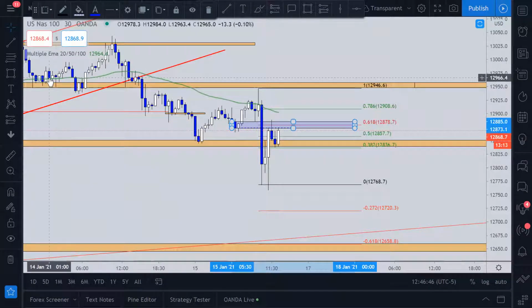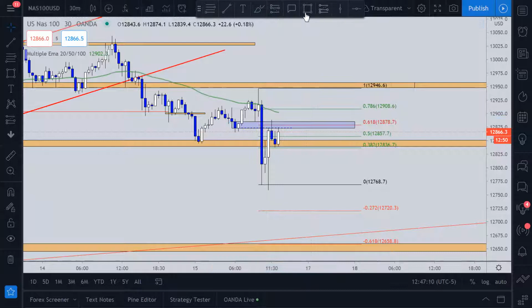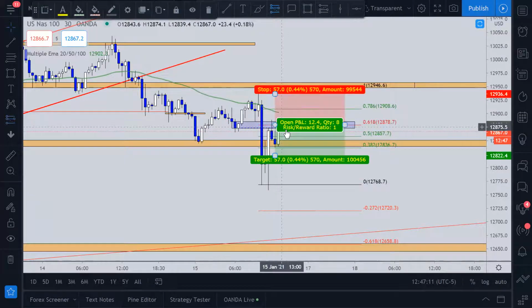But the third confluence is this 50 EMA here. This 50 EMA acts as dynamic resistance in this case, and it gives us a second wall of defense to protect our stop losses. So a trade, if you're not still in it and holding since the beginning of this beautiful trade, a trade would look something like this.